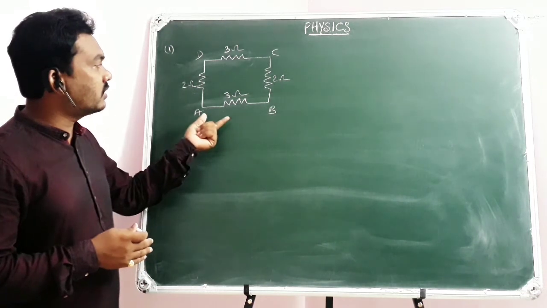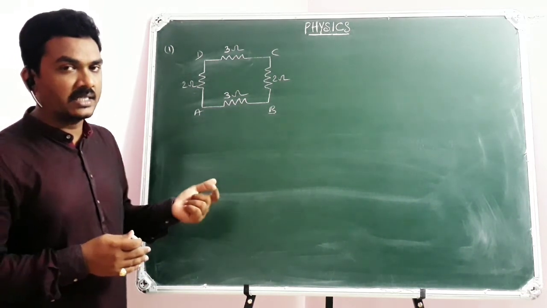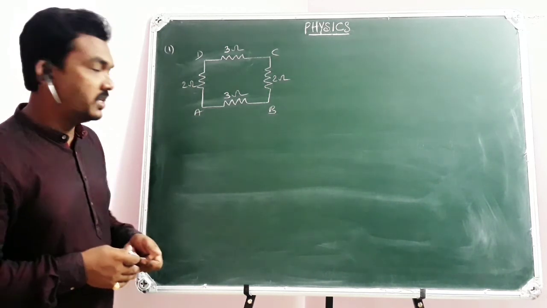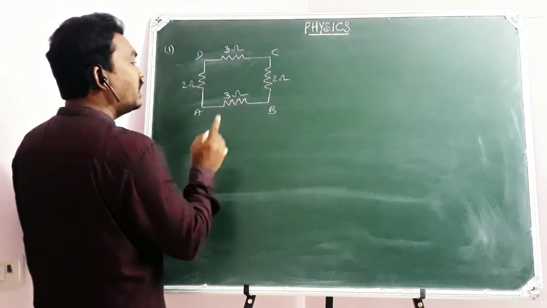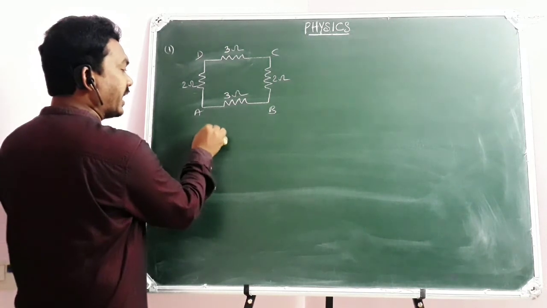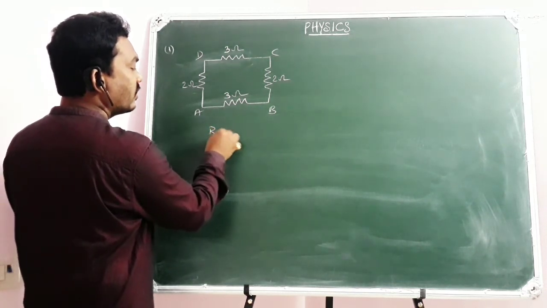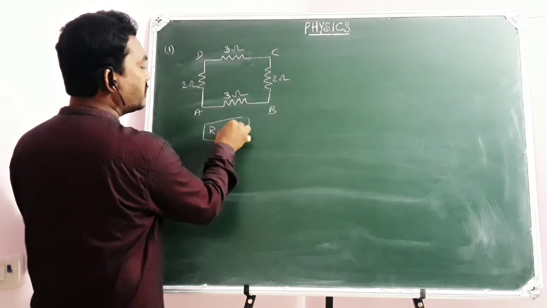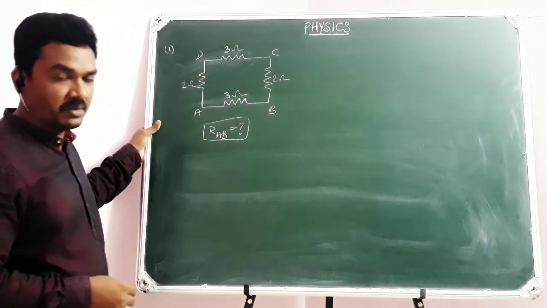For example, here there are 4 resistors connected in the closed circuit A, B, C, D. Now your question is, calculate the equivalent resistance across AB.